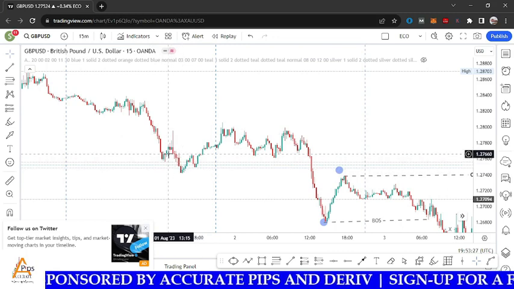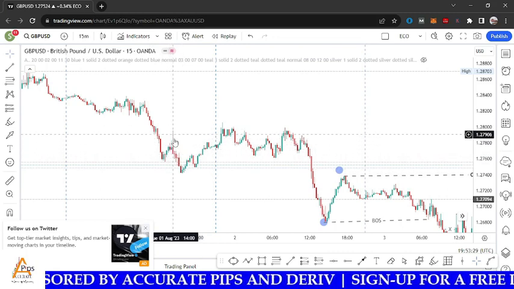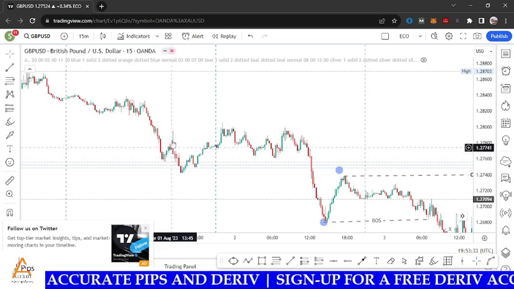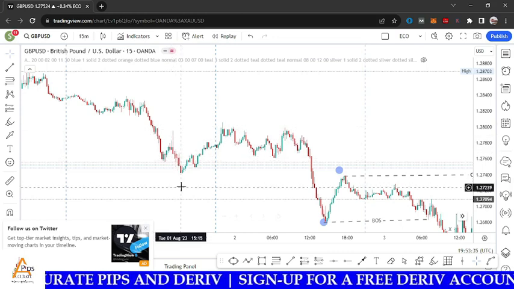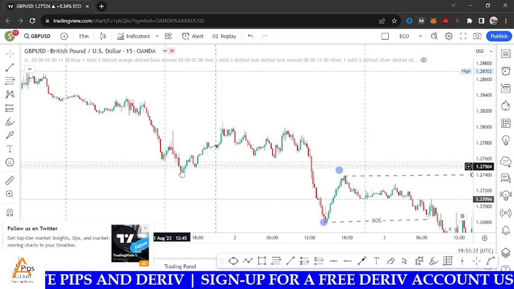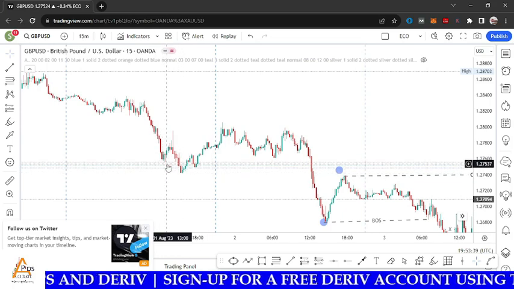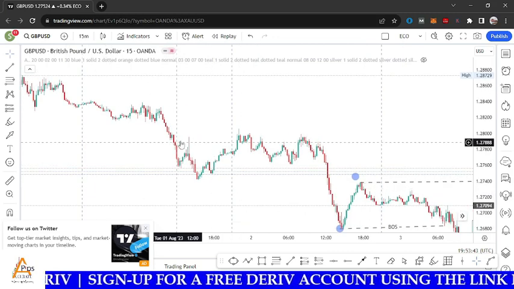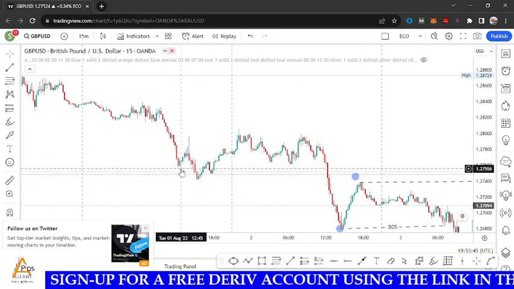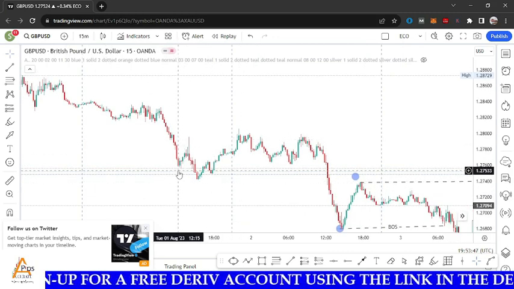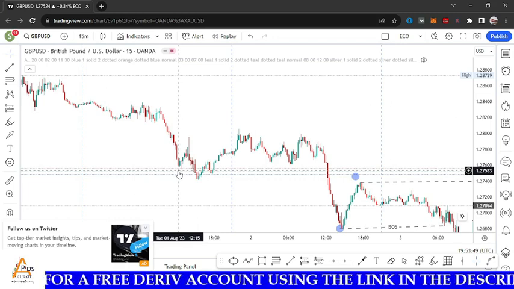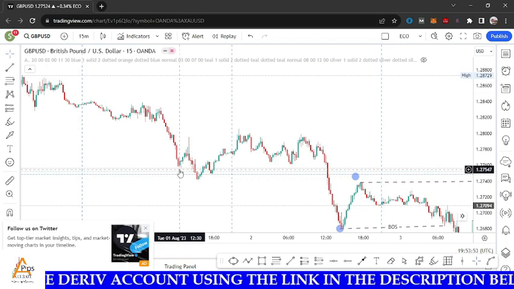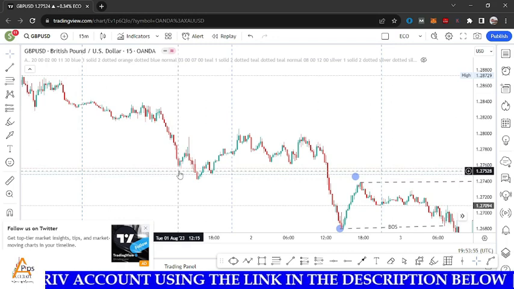Then we can see this has swept this and then given us this particular high before we took this particular low over here. Now this is not a valid low, remember, but it is an internal low.